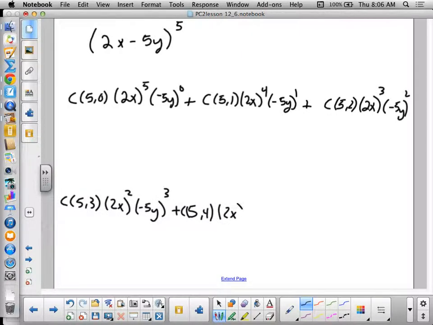This time the 2x goes to the 1st power, the negative 5y to the 4th power. Combination 5, 5. The 2x goes to the 0th power, and the negative 5y to the 5th power. Okay.